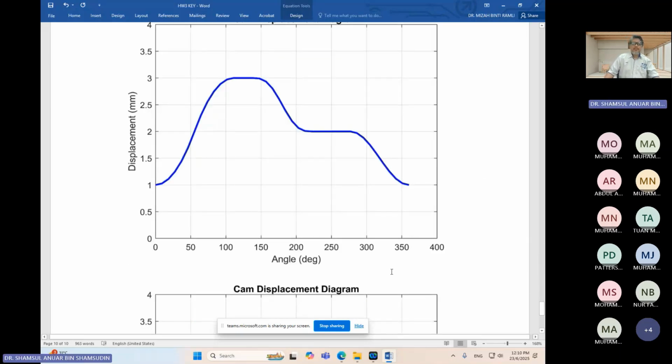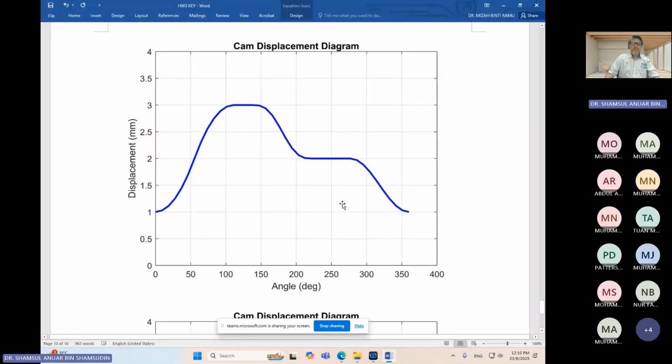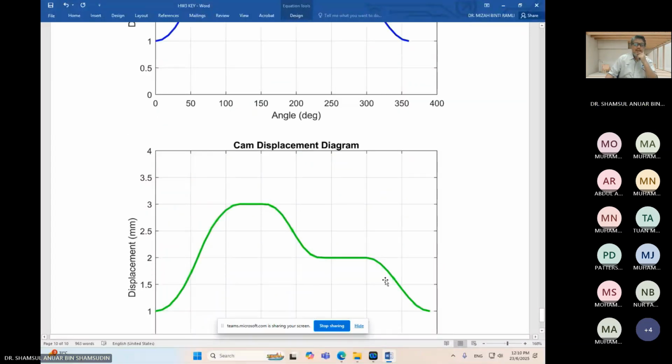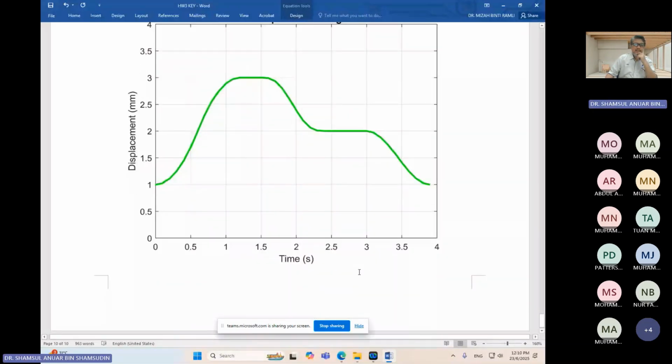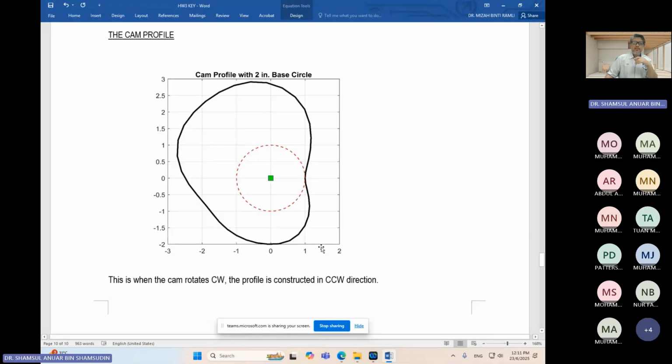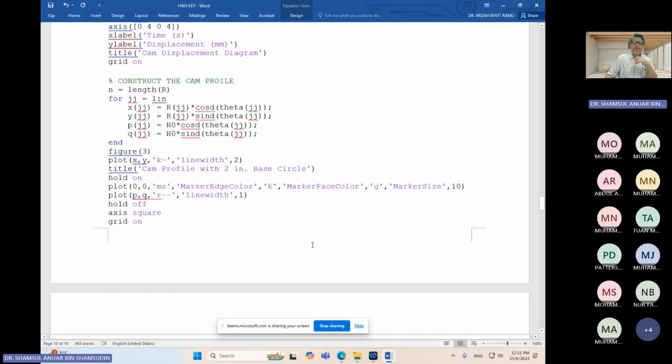All right, so this will be the displacement diagram. This one is if you want to analyze it in angle, and this one to analyze it in time. Because in the original question, the information is given in time, rise in 1.2 seconds and so on.